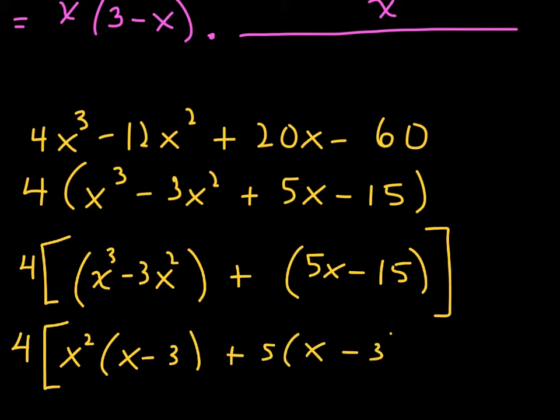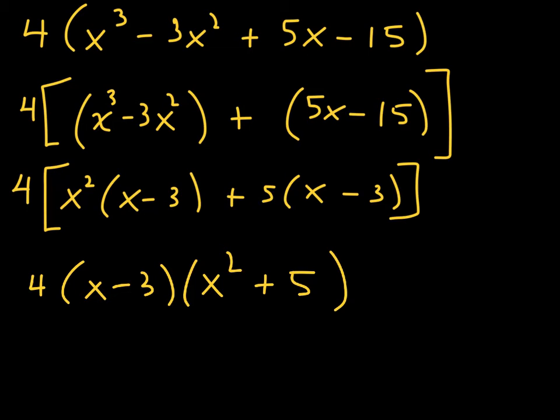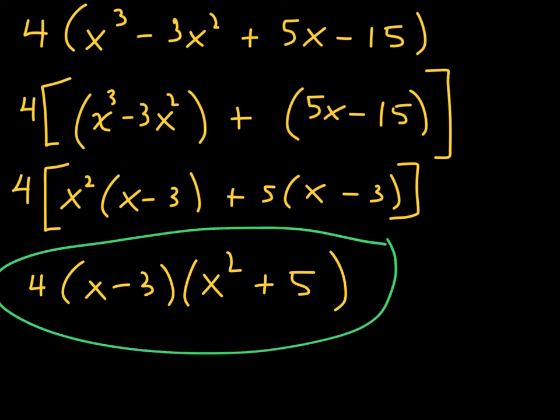I'm going through this fast just because we had a whole lesson on factoring by grouping earlier, so I'm hoping that you feel confident now. So here, this is the factorization of that denominator. I'm going to go back to our problem and put this for the denominator, okay?